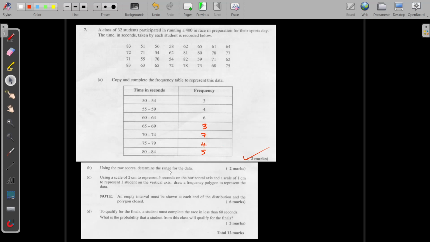Alright, so this is another free 2 marks. So how do we find the range? How do we find the range of a data set?